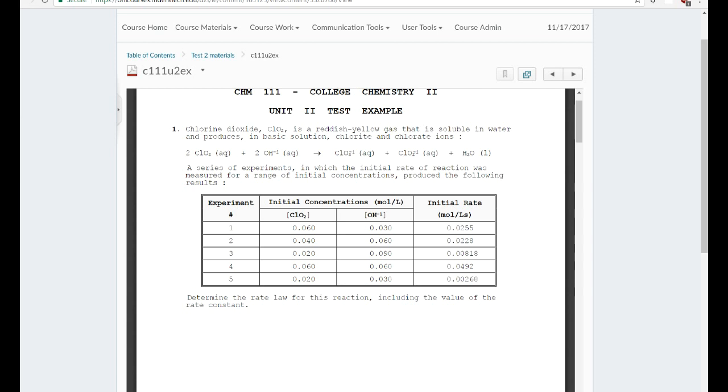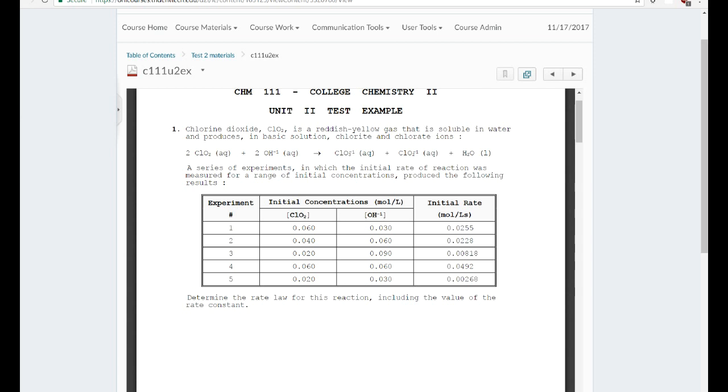That would work quite nicely. And what we see there is chlorine dioxide is 0.06, 0.06. Stays the same either way. The concentration of hydroxide, 0.03 to 0.06, it doubles. And we look at the rates, 0.0255, 0.0492.